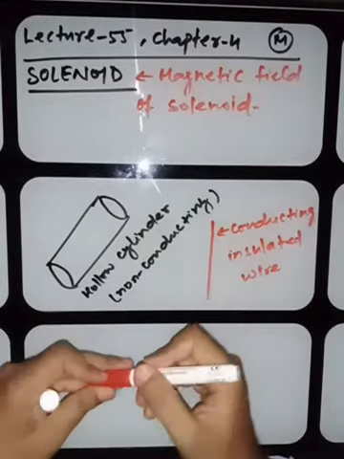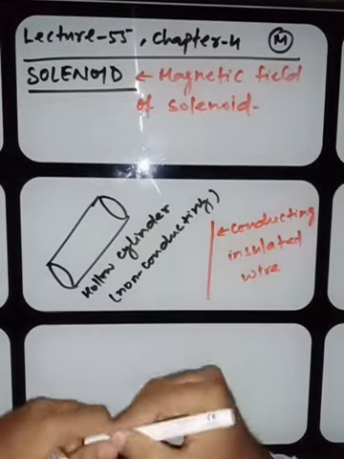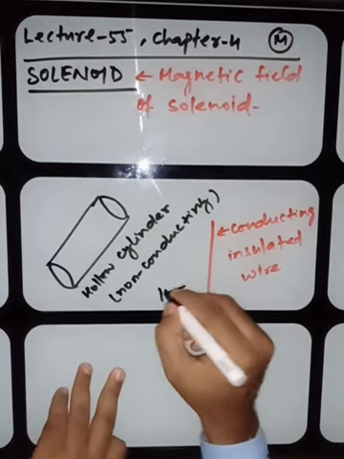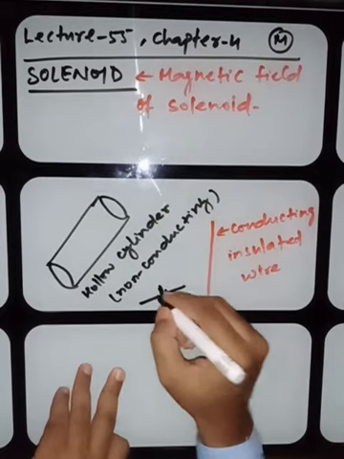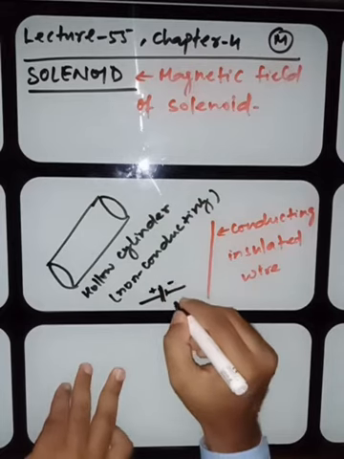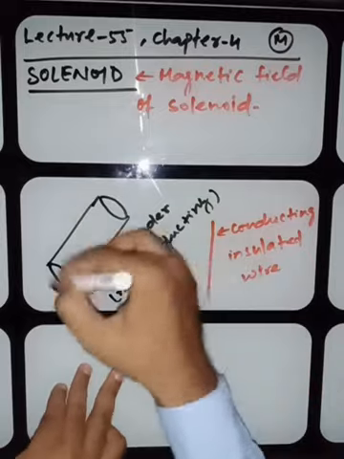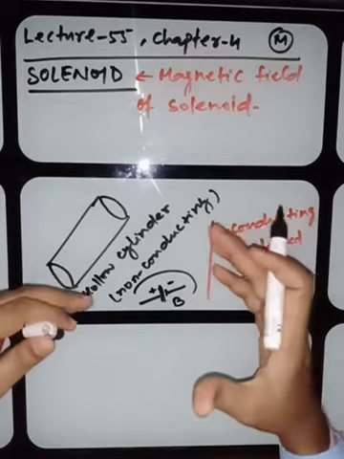And the third thing we use is a battery, with a positive terminal and a negative terminal. So we'll use these three things to make a solenoid.